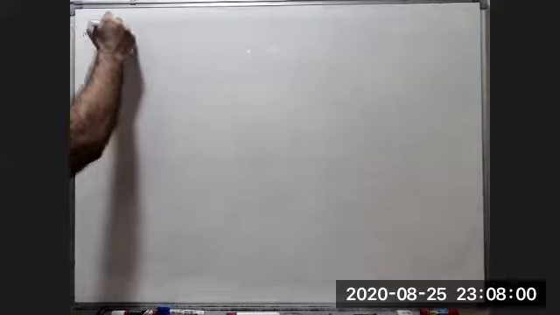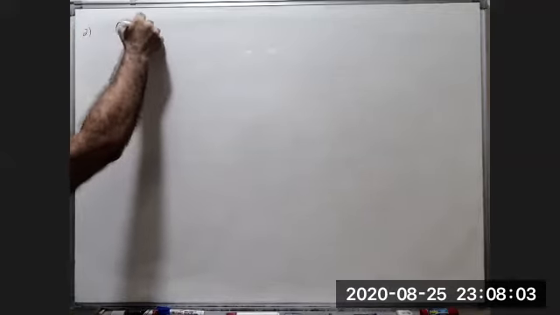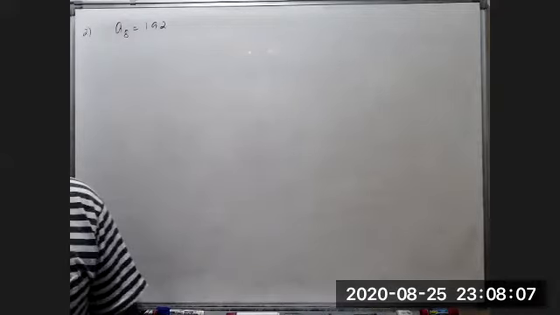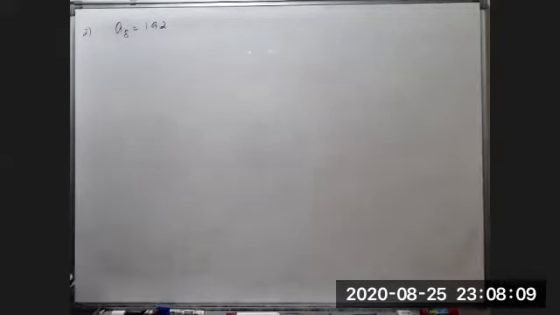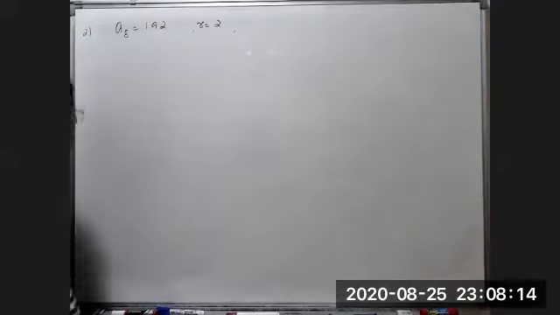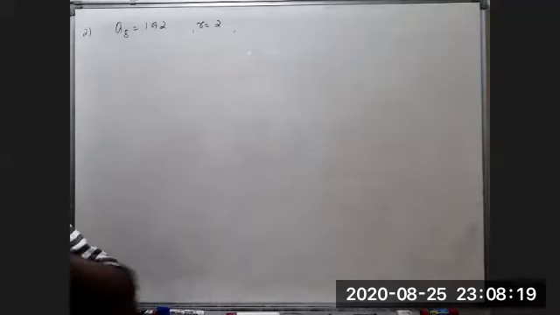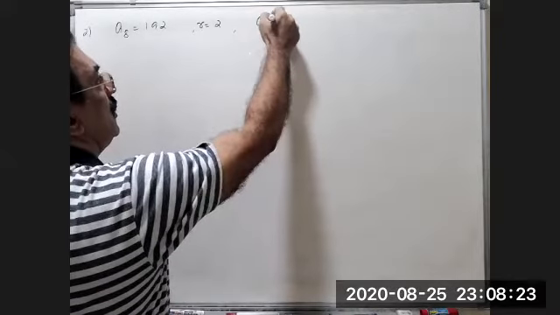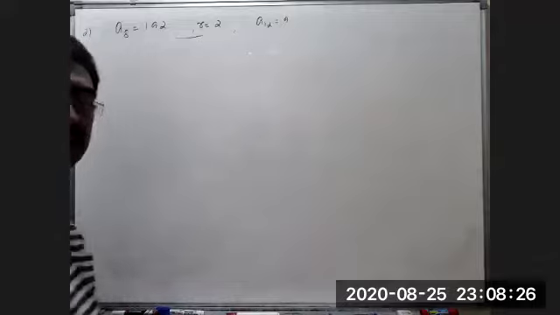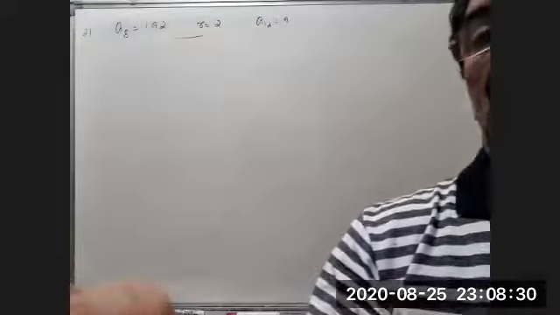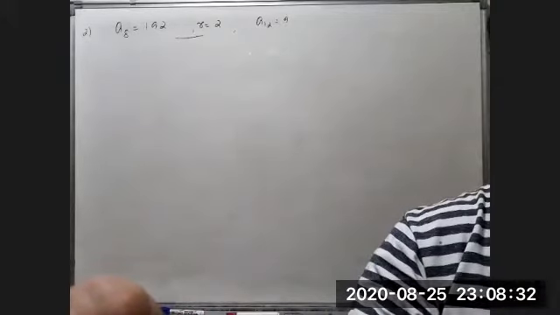Question number 2: the 8th term is 192, the common ratio R is 2. What to find? We need to find the 12th term, A12. The 8th term is given, the common ratio is given.